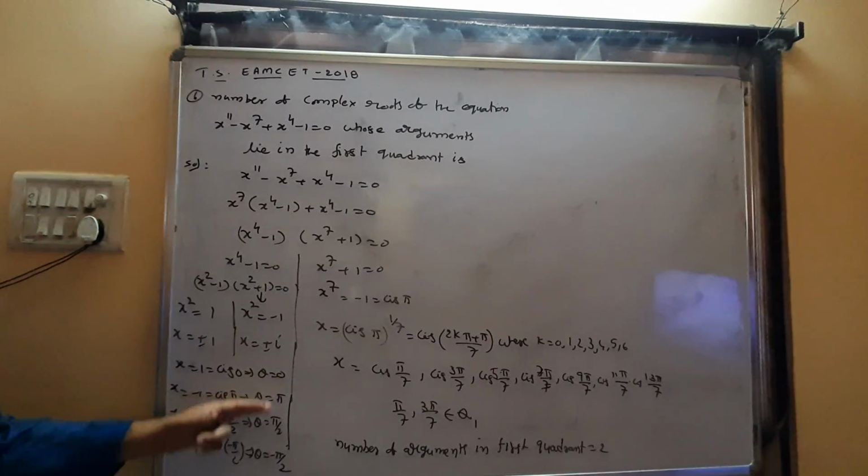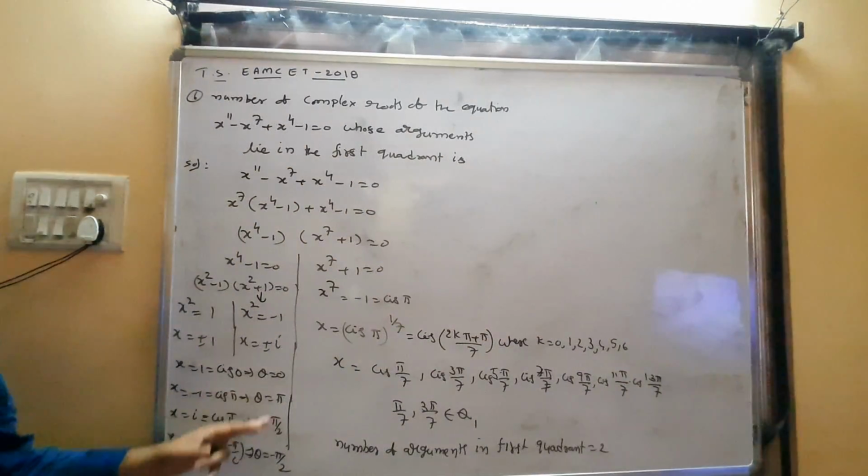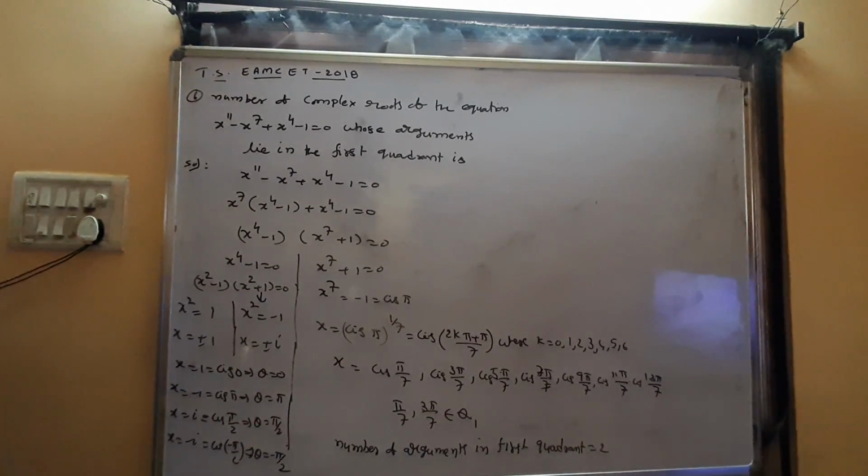In this case, 0, 90, minus 90, 180 are the quadrant angles.